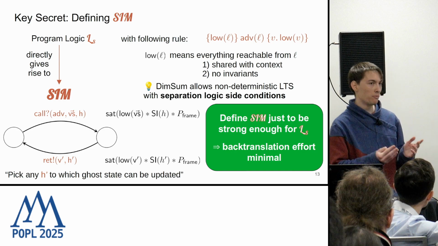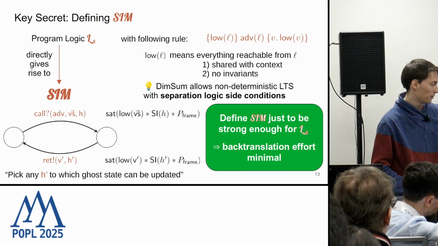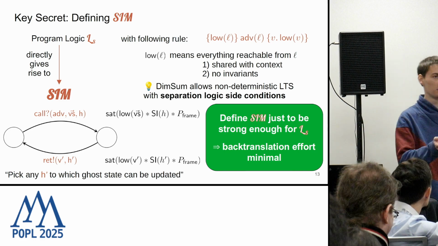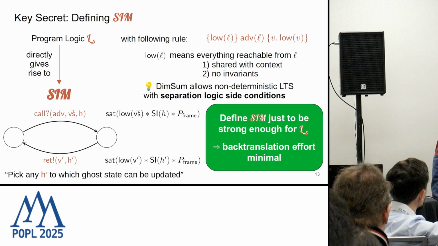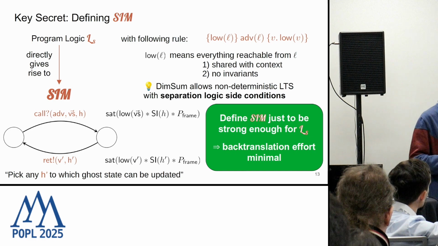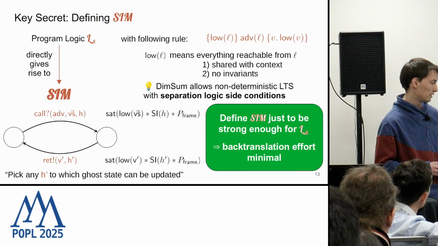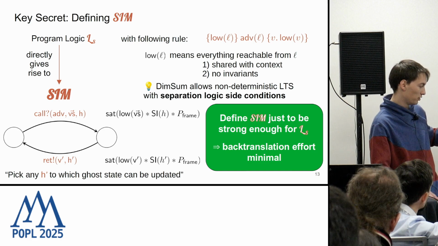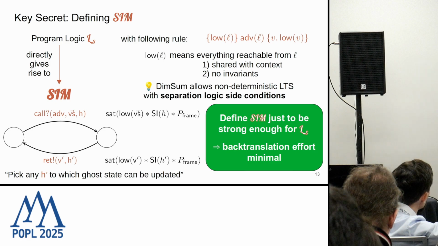basically, we work with the Iris separation logic framework, and satisfiable here means that the Iris proposition is satisfiable. So this is a meta-logic statement that the separation logic proposition is satisfiable, and when you want to call the simulator, you need to prove this precondition.